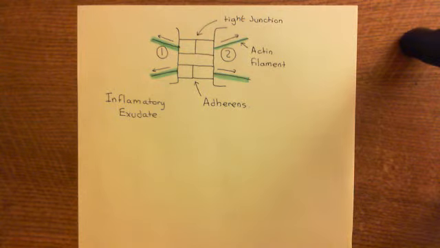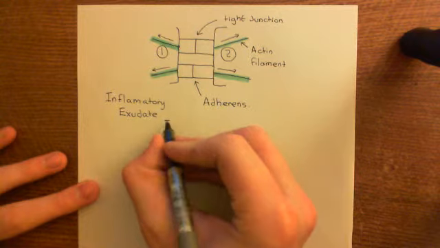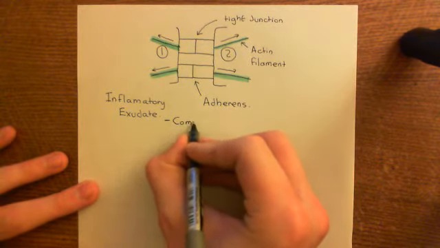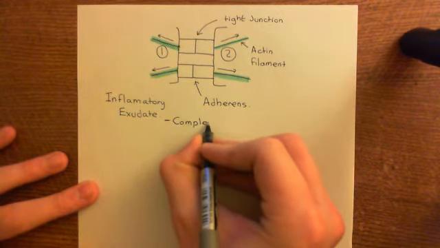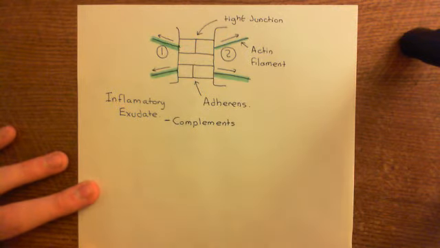Now, what's the purpose of this inflammatory exudate? Well, the purpose of the inflammatory exudate is to bring in proteins that are within the blood plasma into the affected area, okay? So, two major protein types that you're going to bring in are complement proteins, which can attack pathogens, basically, through three complement cascades, known as the classical complement cascade, the alternative complement pathway, and also the mannose-binding lectin complement pathway.